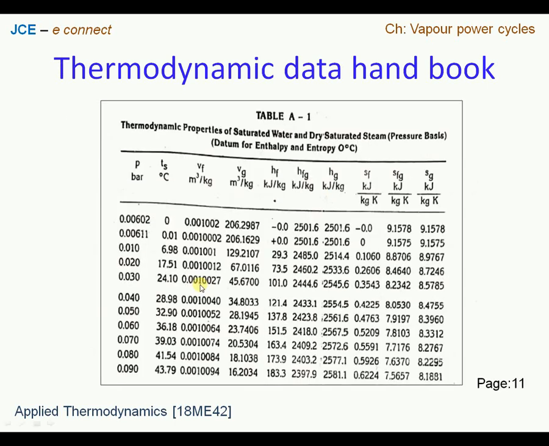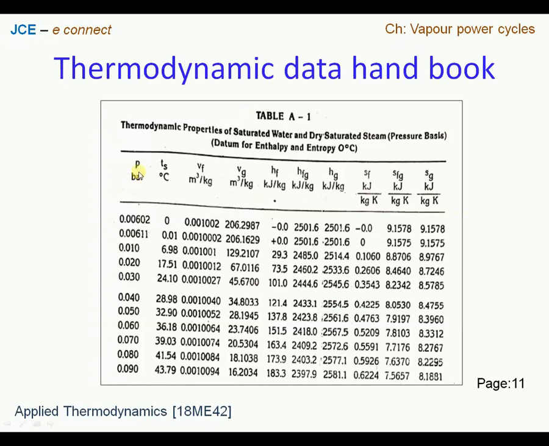Moving further, let us now look at table number A1. In table A1, we can see the first column pertains to pressure. So this is called a pressure entry table pertaining to steam. The working fluid is steam, and this is saturated liquid data.